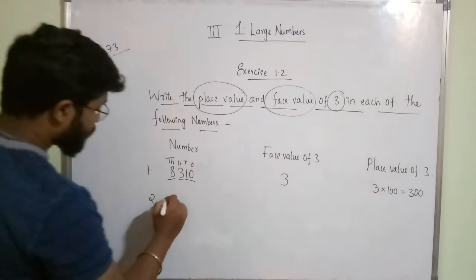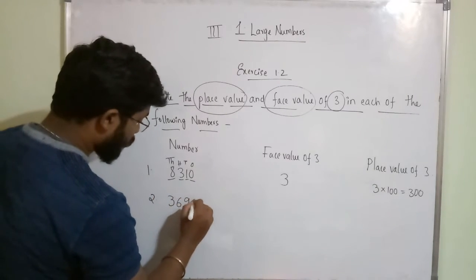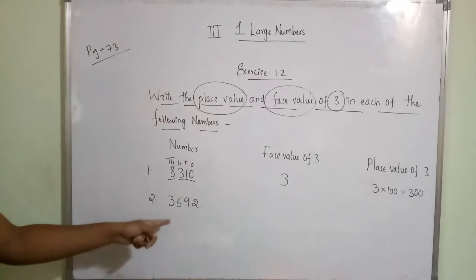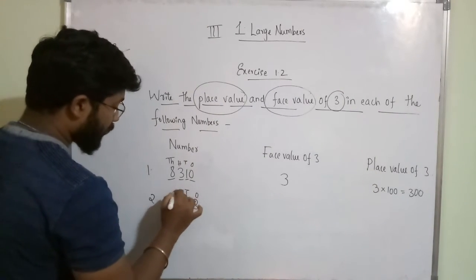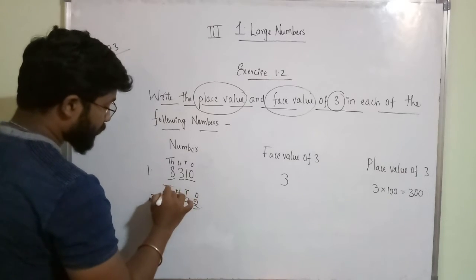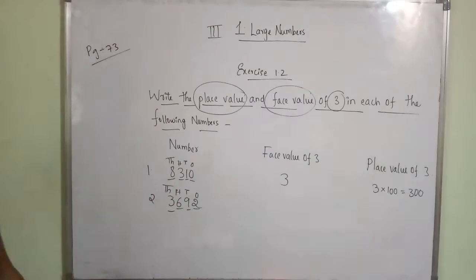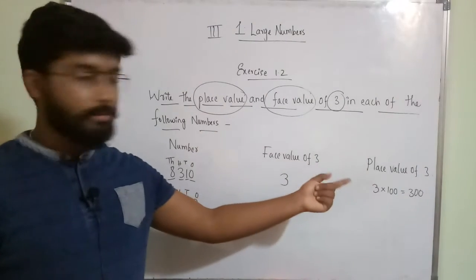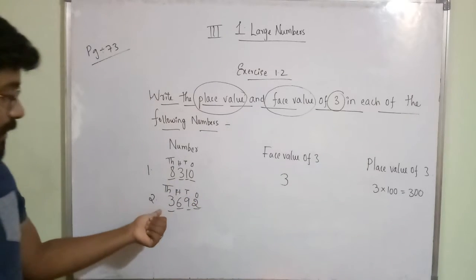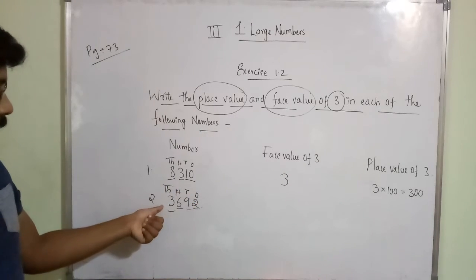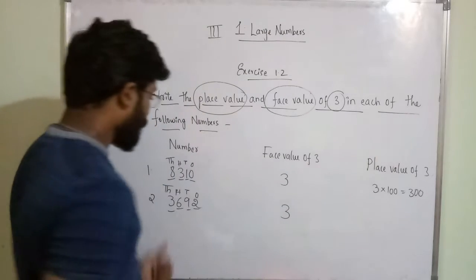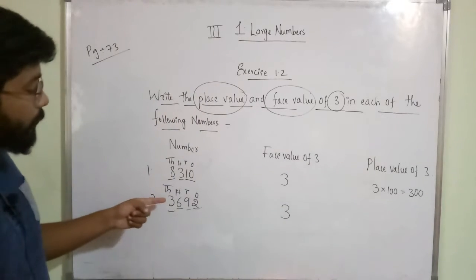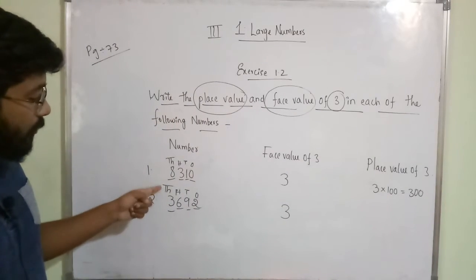Okay, next 3692. This is ones place, tens place, hundreds place, thousands place. For which number are we finding the face value and place value? Here 3 is in which place? He is asking face value of 3 only. And place value means 3 is in which place? Thousands place.